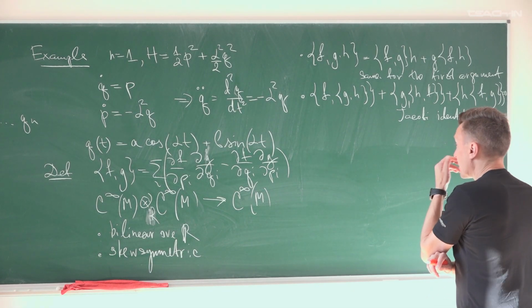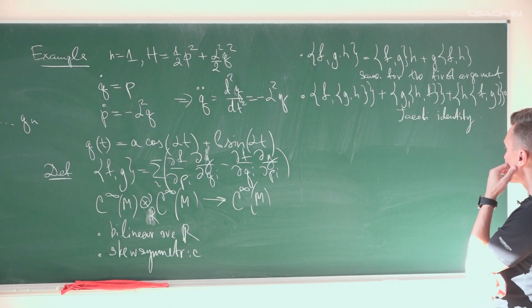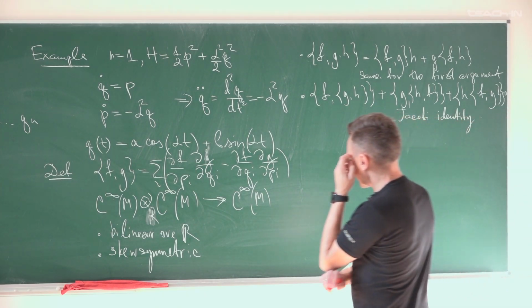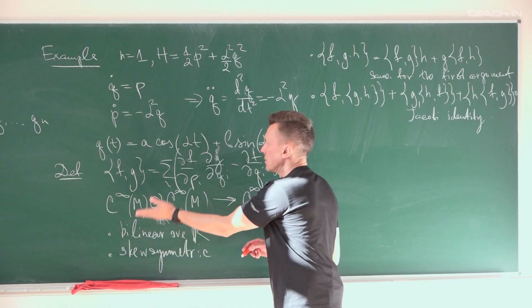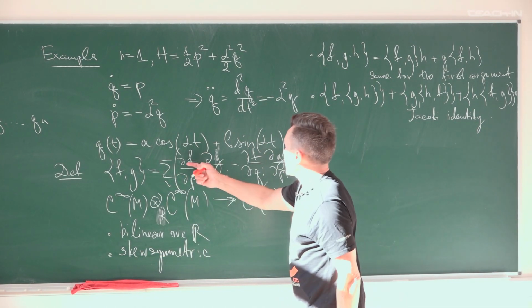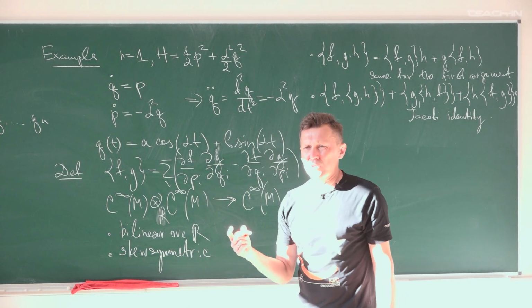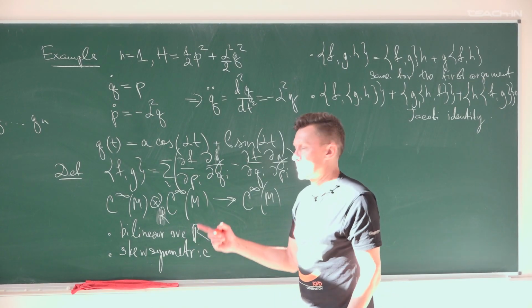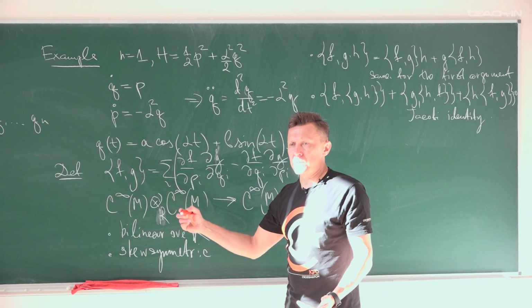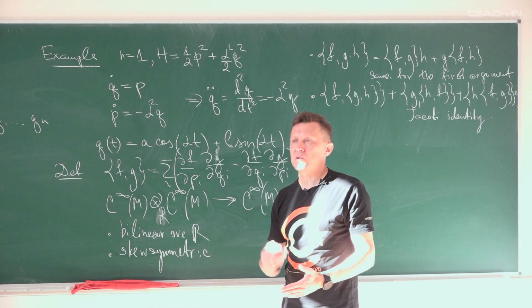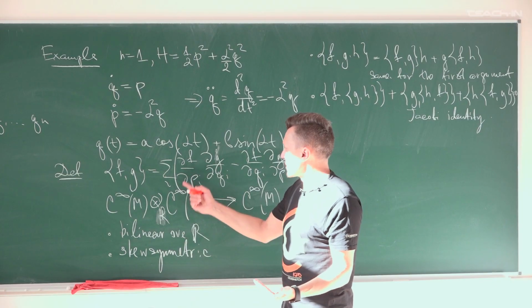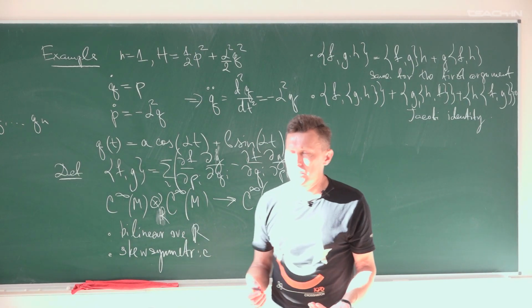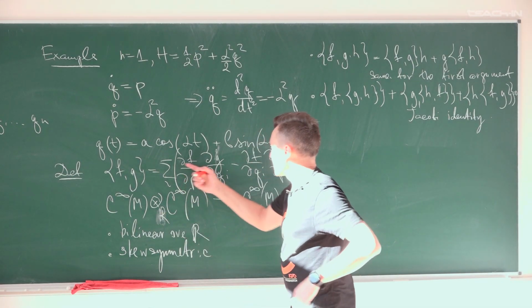Let us see which properties are evident and which demand some demonstration. The property of being bilinear: we can multiply functions by constants. It is clear that the derivation is a linear operation with respect to multiplication by constants. It is not the same if you multiply by a function, but if you multiply by constants, it is bilinear.